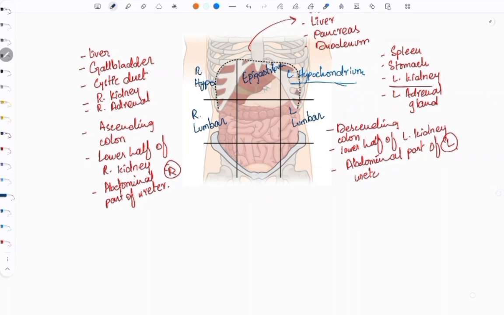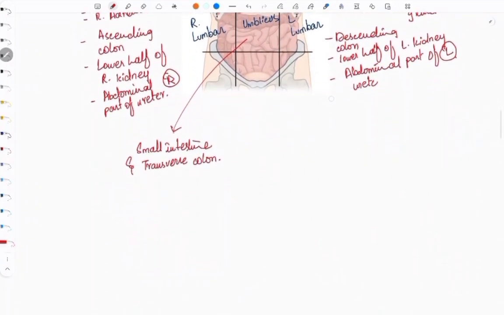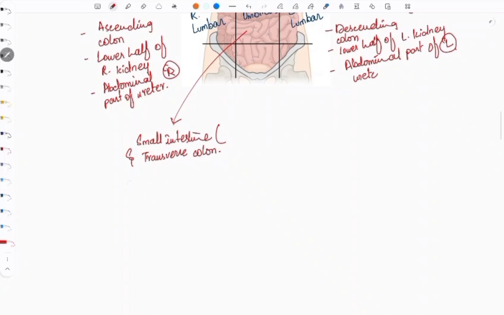The umbilical region consists of small intestine and the transverse colon. The parts of the small intestine present within the umbilical region are jejunum and ileum. It also consists of inferior vena cava and abdominal aorta.